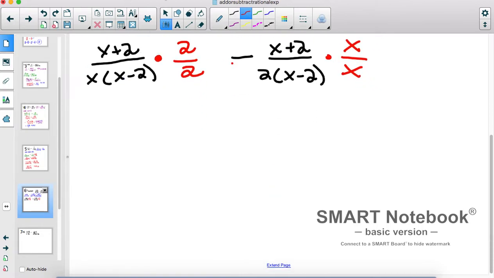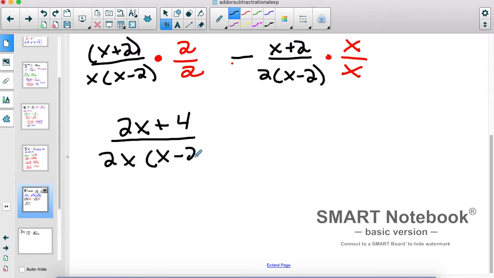Okay, so now up top here, I have 2 times this quantity. Again, remember we're going to distribute the 2. So 2 times x plus 2 times 2, which is 4, all over our LCD 2x times x minus 2, because 2 times x minus 2 gives us 2x times x minus 2.